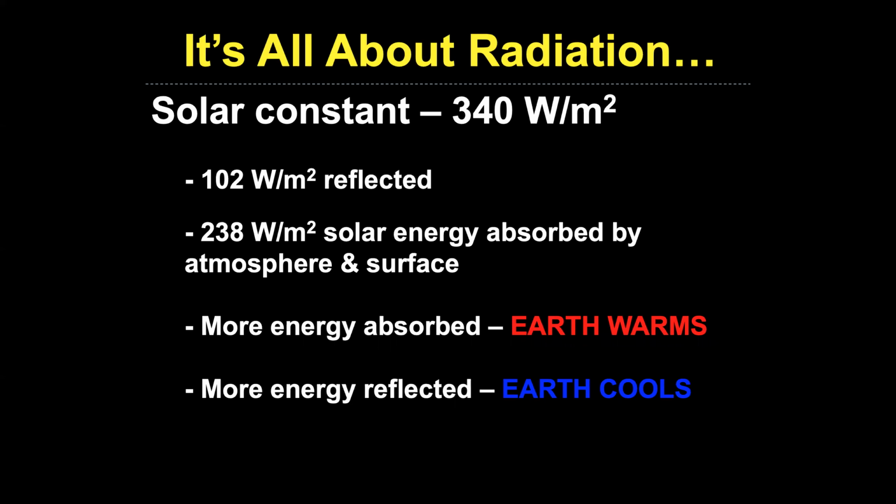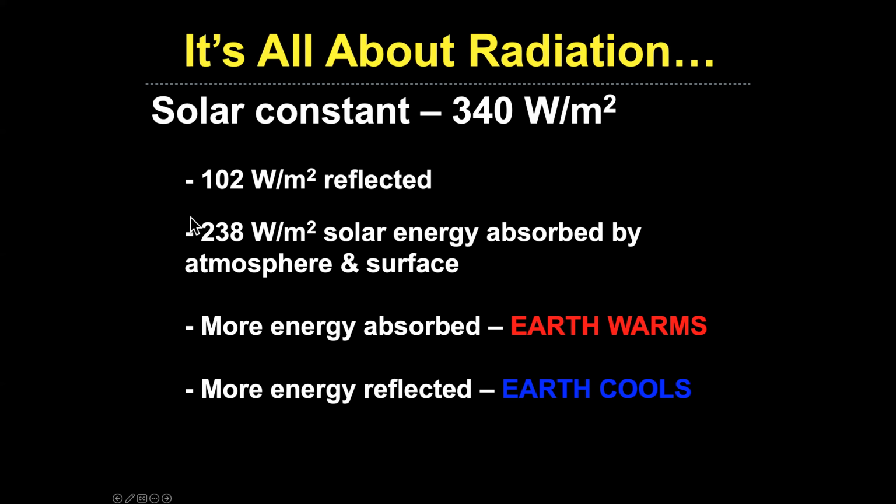All right, so the solar constant, this is how much energy comes in through the top of the atmosphere. Every square meter, 340 watts per square meter. 102 of it is reflected. 238 of it is absorbed by the atmosphere and the surface.